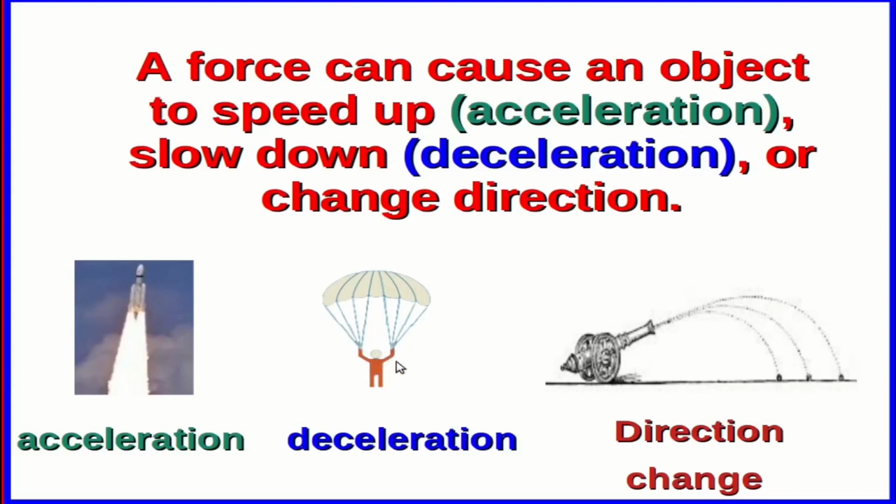This is a parachuter falling under gravity towards the Earth, but because of the parachute, he is being decelerated. Now here a cannon is being fired at an elevated angle, and because of gravity, there is a direction change. So these are the three basic effects of a force.